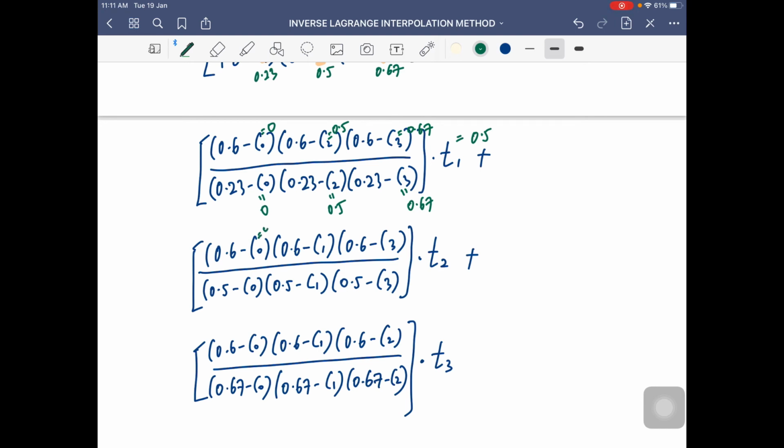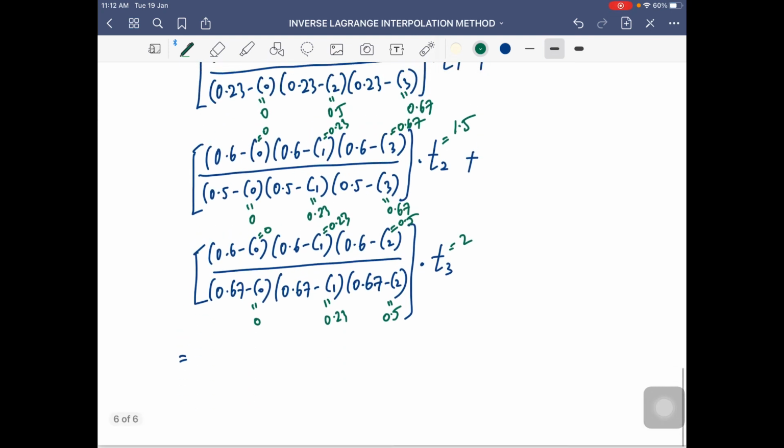And then again I substitute here 0, and then 0.23, and then 0.67, and then I substitute my T2, 1.5, and then the last one I substitute all the known data points here. And then T3 is 2.